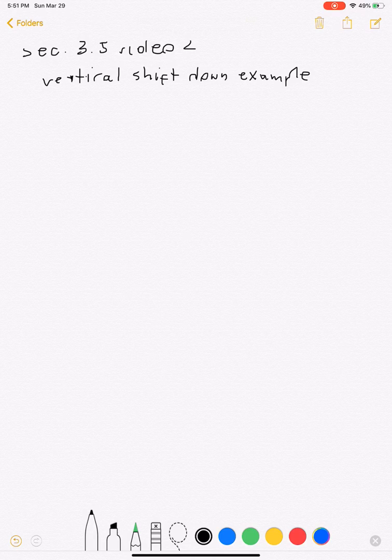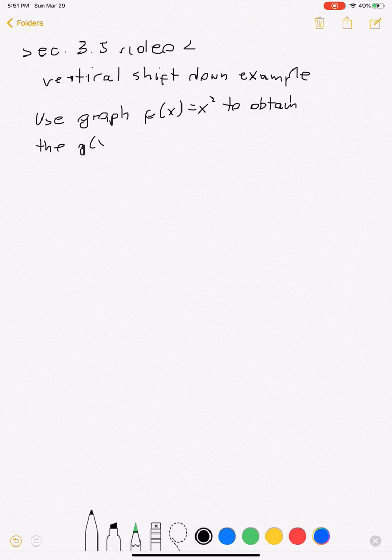Okay, so use the graph of f of x equals x squared to obtain g of x, which is equal to x squared minus 4.